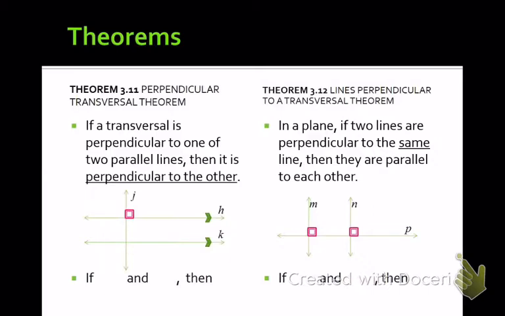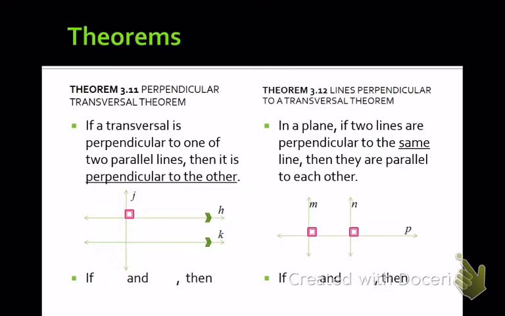But basically, if two lines are perpendicular to the same line, they're going to have to be parallel, right? You can almost link this back to the corresponding angle converse, where the corresponding angles are congruent, and so the two lines have to be parallel. But we specialize it down into right angles and perpendicular lines.